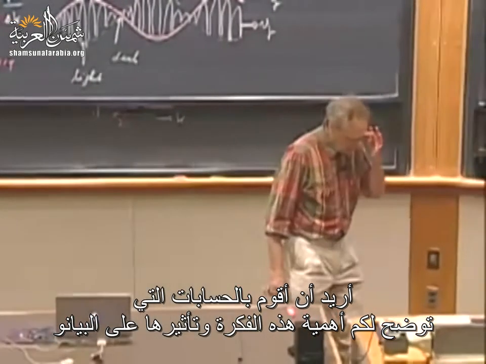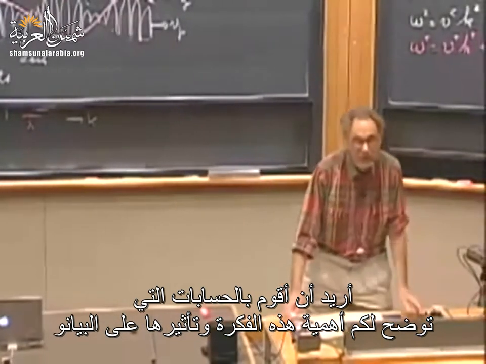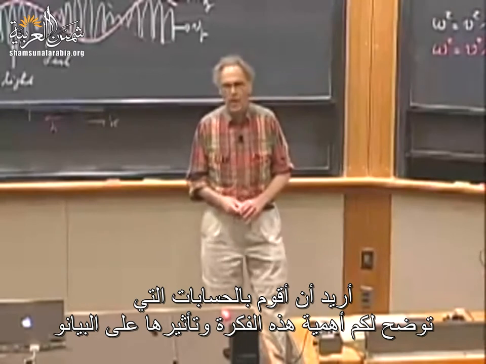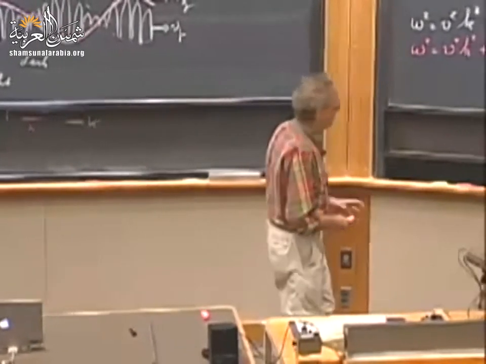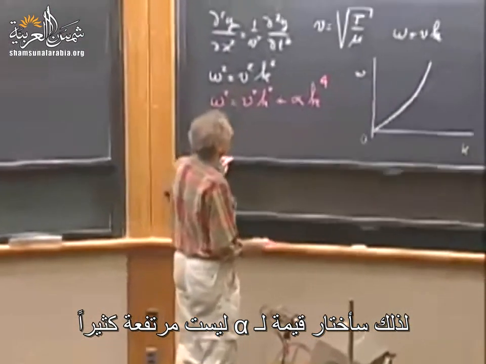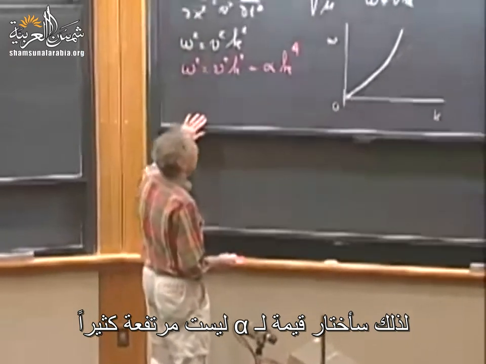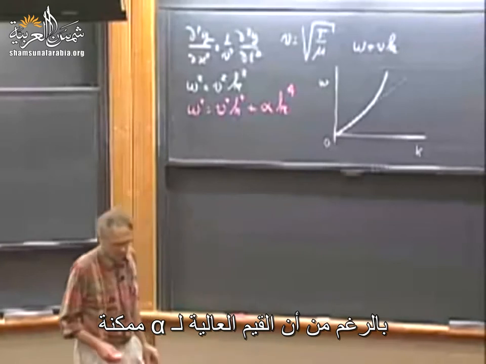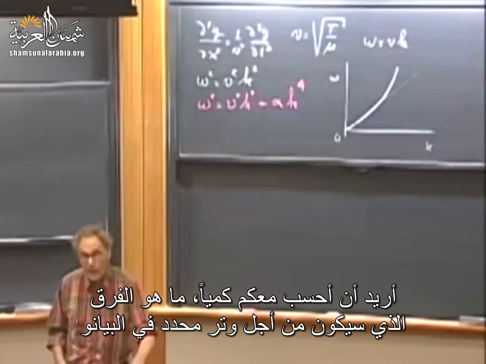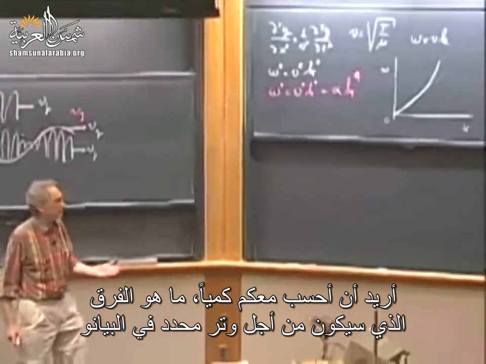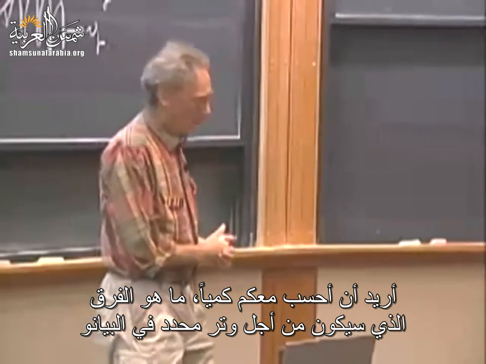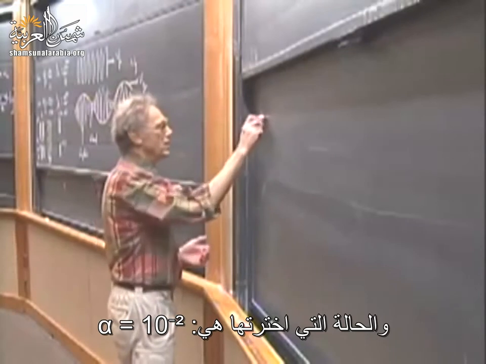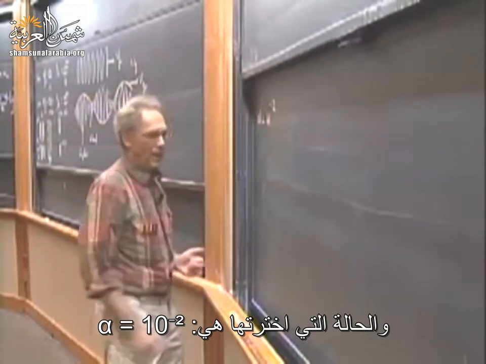But I do want to do a calculation to give you an order of magnitude idea what effect this would have on a piano. So I choose a value for alpha which is not entirely absurd, although way higher values of alpha are possible. And then I want to calculate with you, quantitatively, what difference that would make for a particular string in the piano. So I take alpha is 10 to the minus 2.